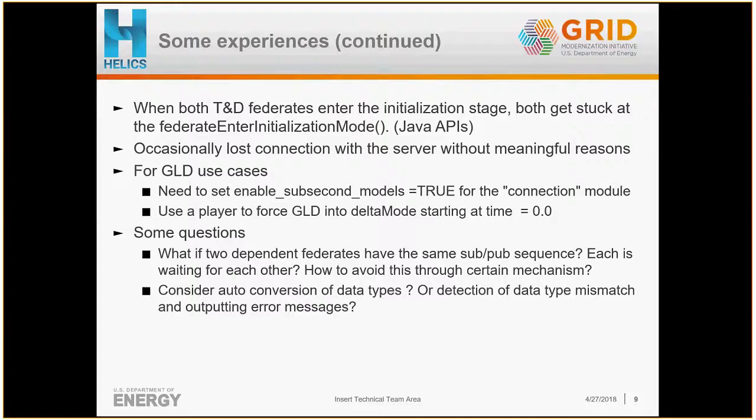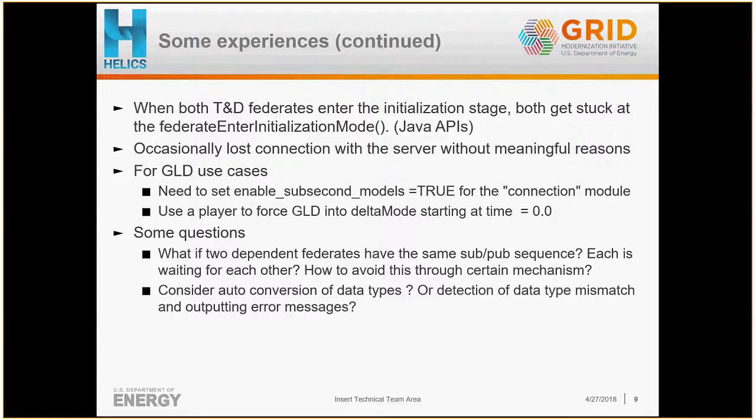And for those two questions you have there, that shouldn't happen. If two federates have the same pub-sub sequence and they are granted the same time, they will just get the values at the next time step, so they shouldn't lock each other.